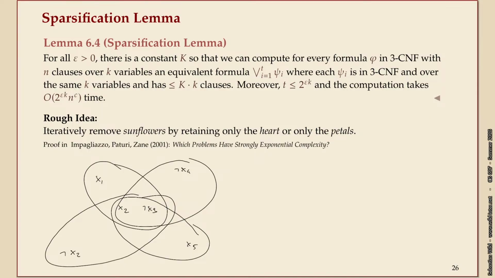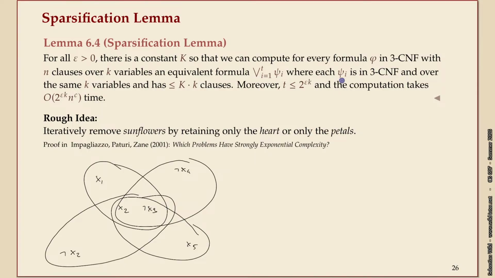And again, just to repeat that, it says there's a 3-SAT formula that's given of a certain length and a certain number of variables, and we can output an equivalent formula that has the same truth value, where now that's a big disjunction, so it's a big OR of a big AND of small ORs.